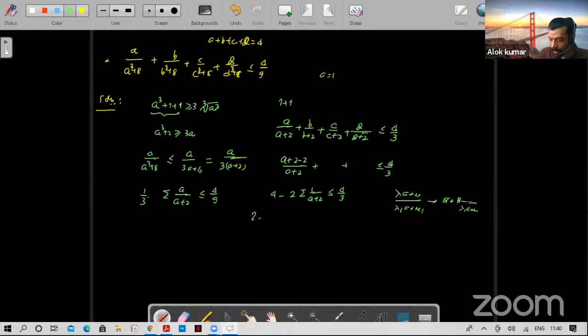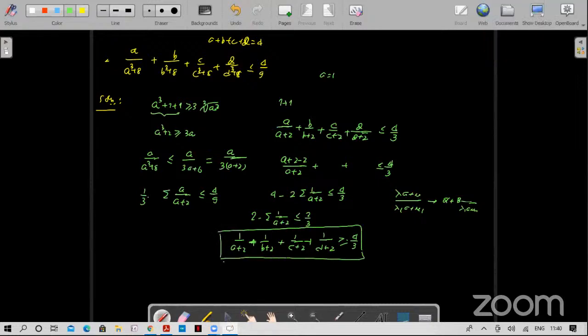I can write 2 minus sigma 1 over a plus 2 less than or equal to 2 over 3. That gives again 4 over 3. But this time you get 1 over a plus 2 plus 1 over b plus 2 plus 1 over c plus 2 plus 1 over d plus 2 greater than or equal to 4 over 3. We have reduced it to this form.